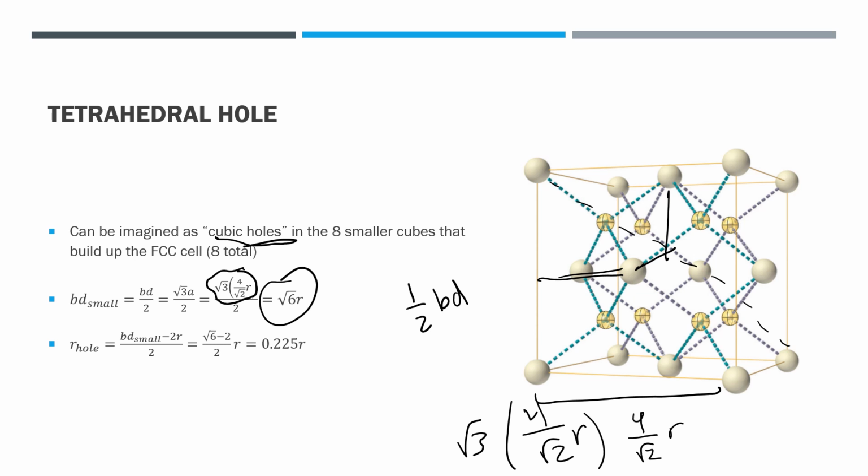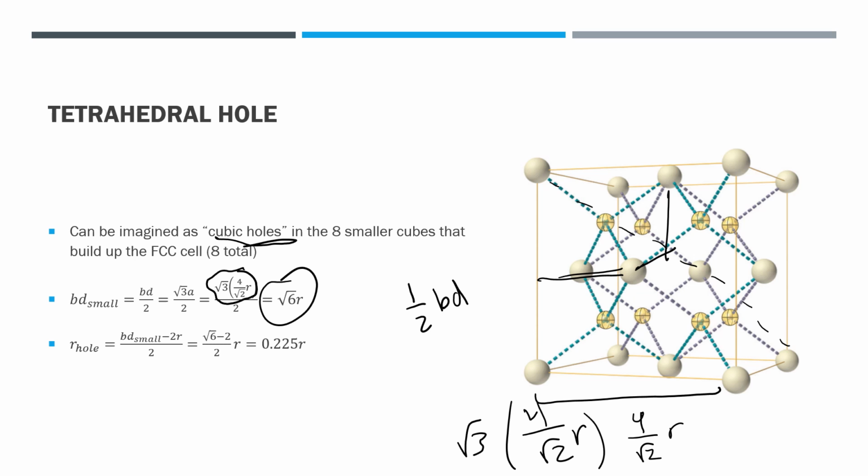Now, what is the actual radius of that hole? Remember, let's go back to thinking about cubic holes. We had 2r from each of the opposite corners. So I want to take the body diagonal of the small cube minus that 2r from the atoms on each opposite corner.